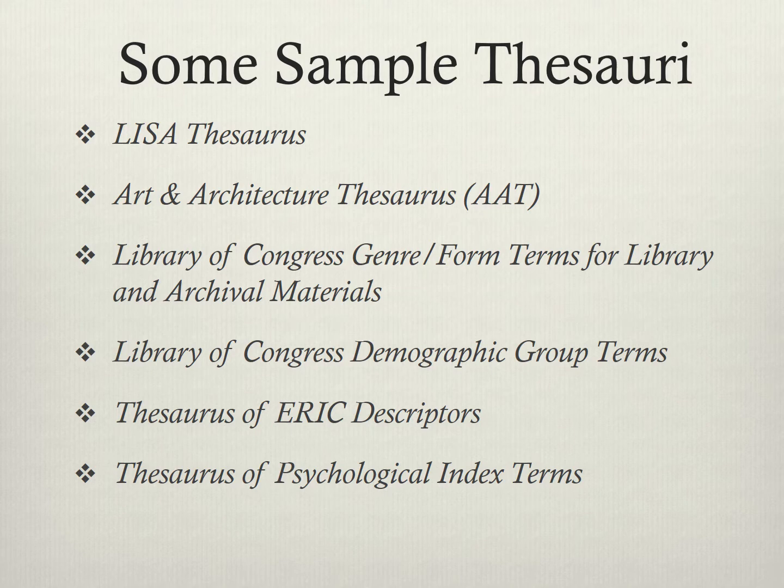The Art and Architecture Thesaurus, and then a number of products from the Library of Congress, such as genre form terms for library and archival materials, and the demographic group terms. If you've done any research in education, you may have used the ERIC descriptors thesaurus, the Education Resources Information Center product, or something like the Thesaurus of Psychological Index Terms. These are just some samples.